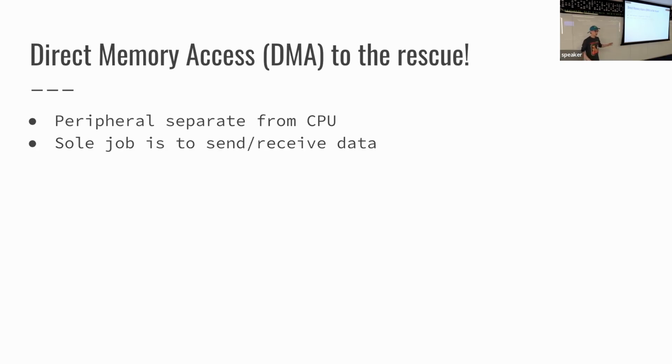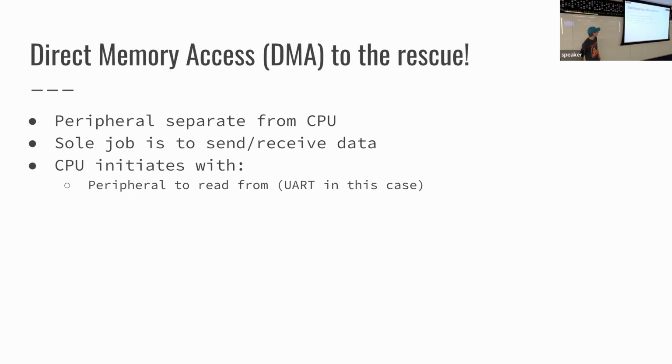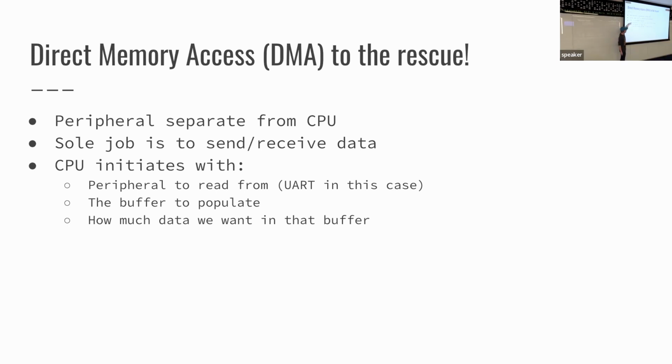And its whole lot in life is just to service requests for data, and then whoever requested that data can go off and do whatever else they want to do. So the CPU just has to know where it wants to read data from, where to receive the data, and then how much data should be received. And then upon this amount of data being received, the DMA will throw an interrupt saying, you have a full buffer.